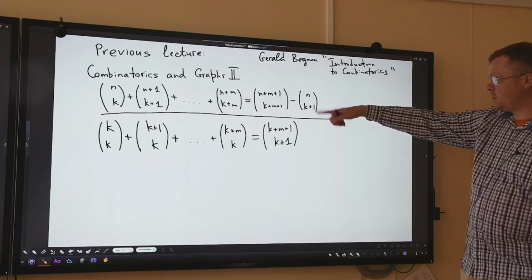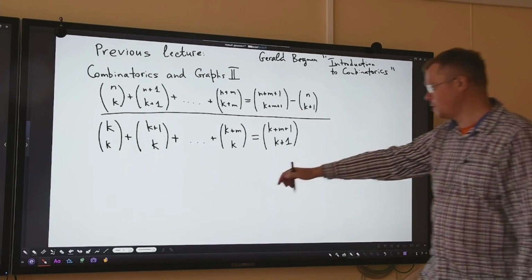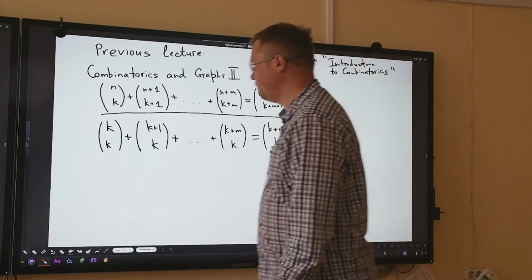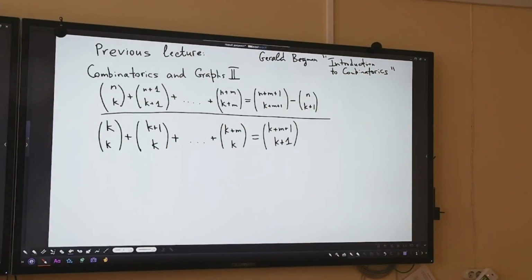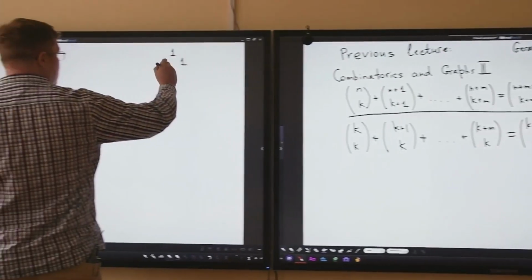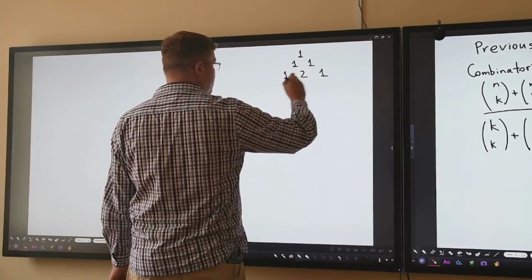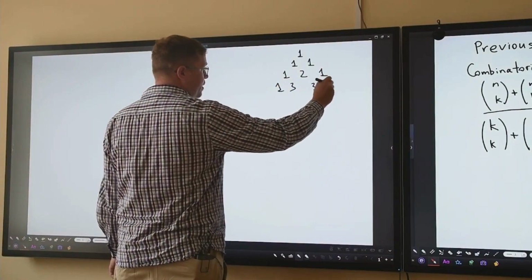So what was the difference between these two formulas? I can illustrate it by writing a Pascal triangle.